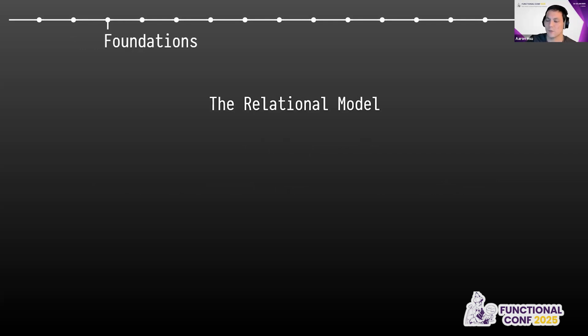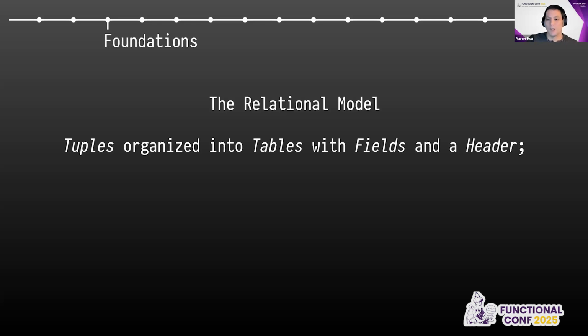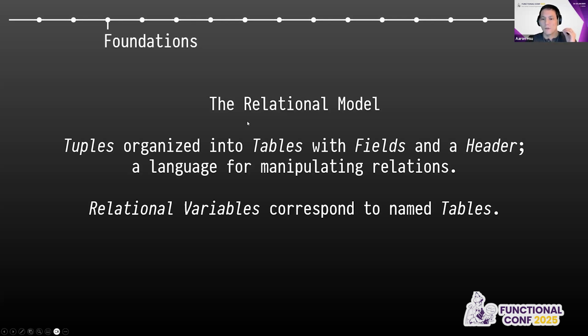They may not realize that's what they're doing, but the relational model pairs with the array model really critically. So what I mean by a relational model here is the concept of tuples organized into tables where each tuple has a set of fields and the table has a header describing the types of those fields, right? And what you layer on top of that relational model is a language for manipulating relations.